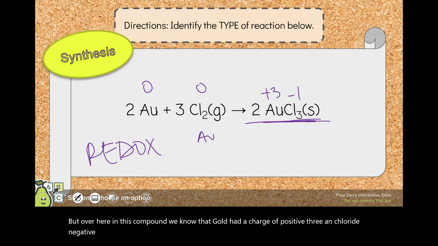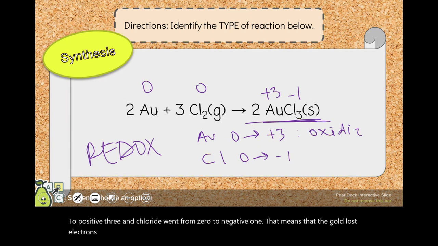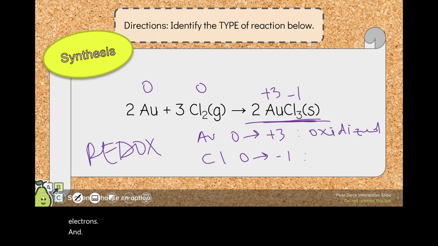So gold went from 0 to +3, and chloride went from 0 to -1. That means that the gold lost electrons and therefore was oxidized, and the chloride gained electrons and so was reduced.